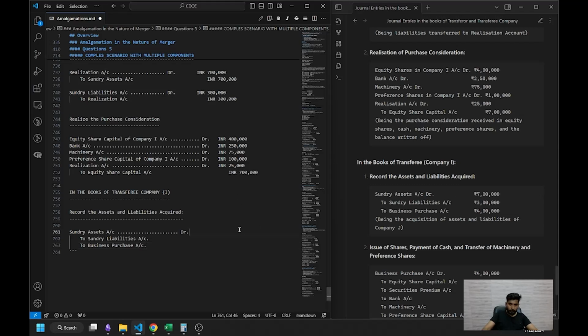Okay, sir. We have the assets as rupees 7 lakhs and the liabilities as rupees 3 lakhs. So the remaining will be the business purchase, that is of rupees 4 lakhs.